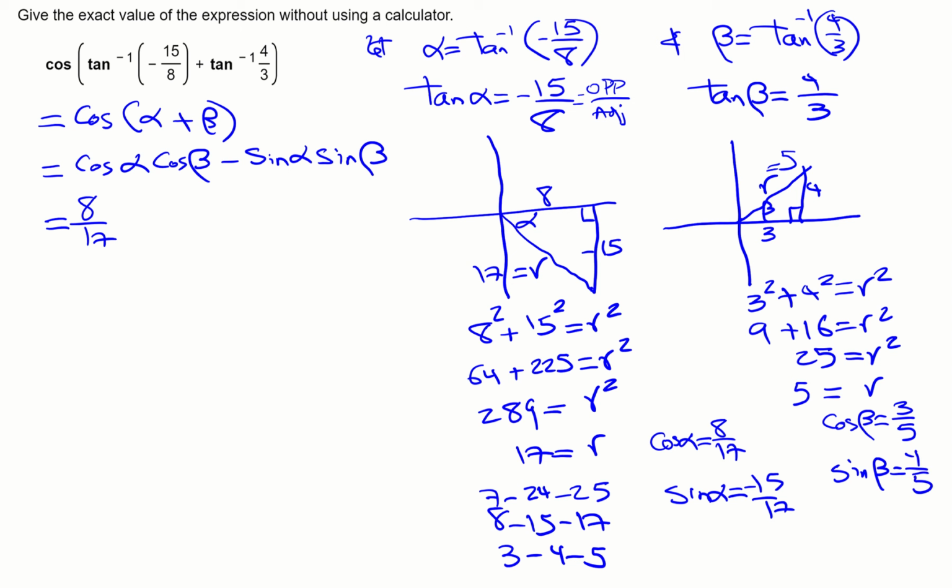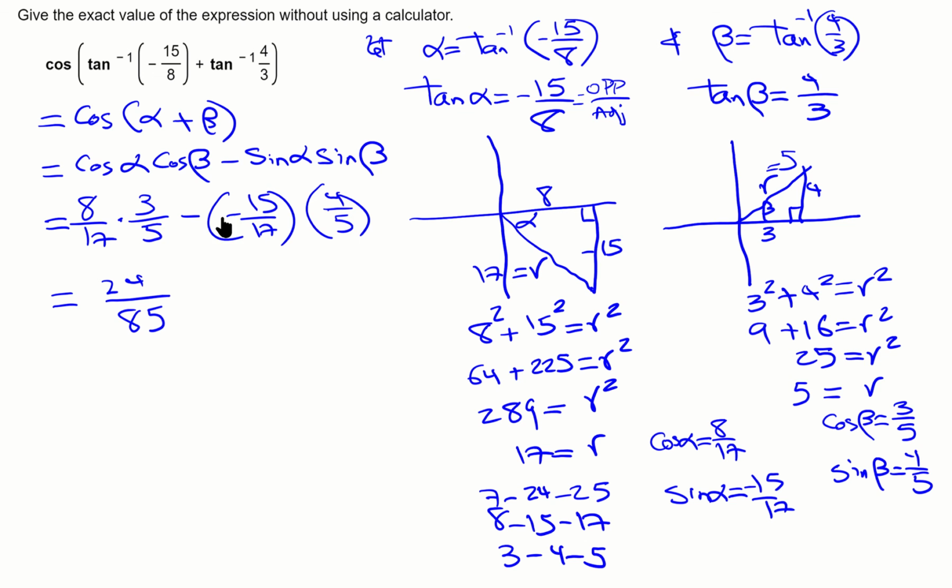So now we just substitute. For cosine of beta, we just found it, it's 3/5, minus sine of alpha, which is negative 15/17, times sine of beta, which we just found to be 4/5. So we end up with 24/85.